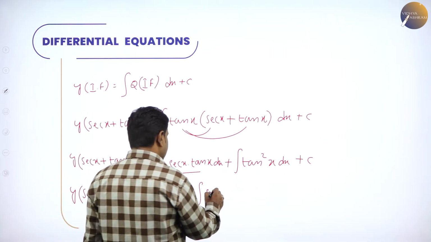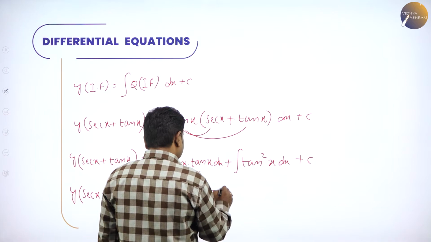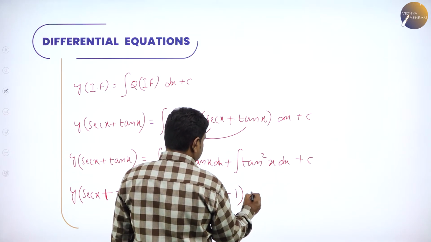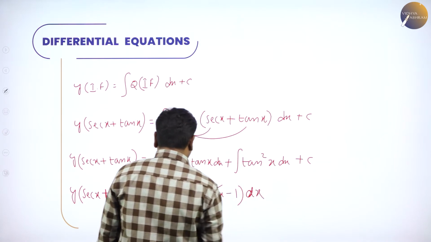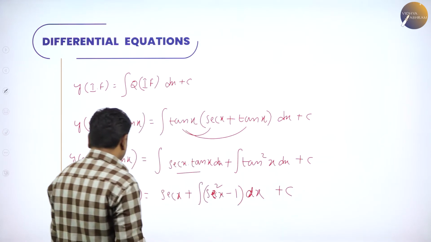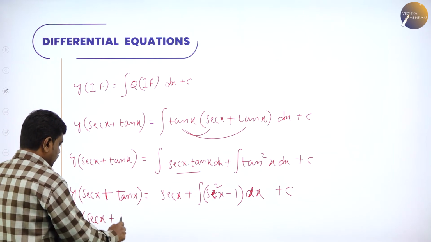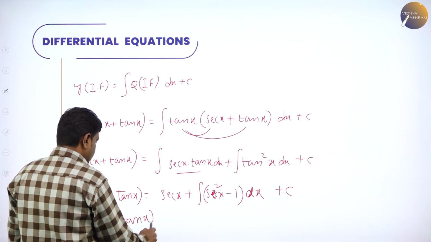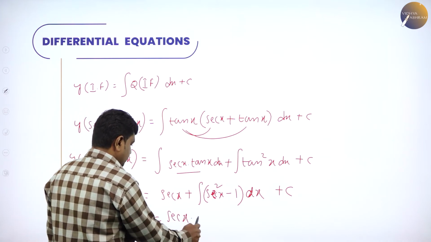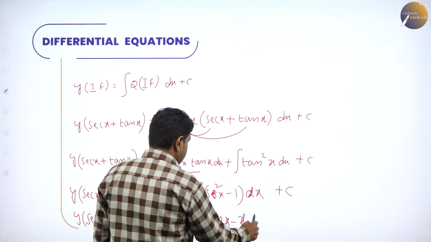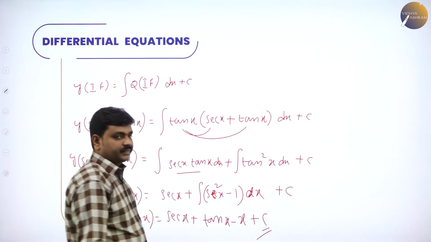Tan square theta can be written as secant square x minus 1 dx, because integration of secant square x with respect to dx. Now plus c. Finally we'll have y into secant x plus tan x is equal to secant x plus integration of secant square x is tan x minus integration of 1 is x plus c. This is the final answer.